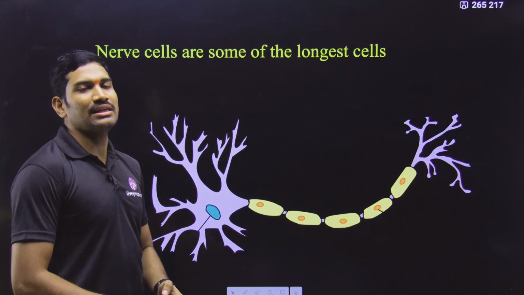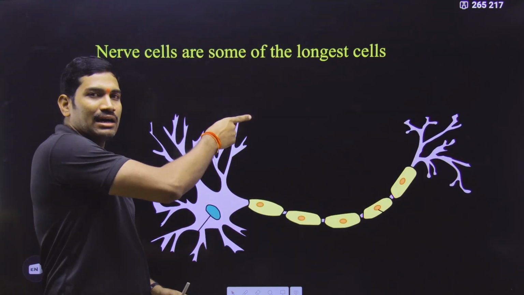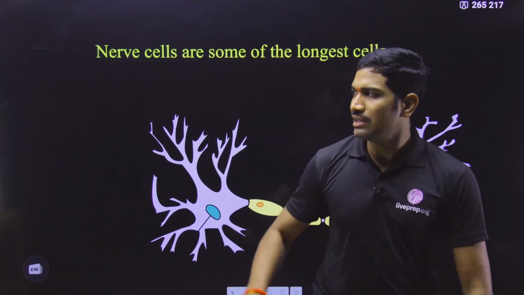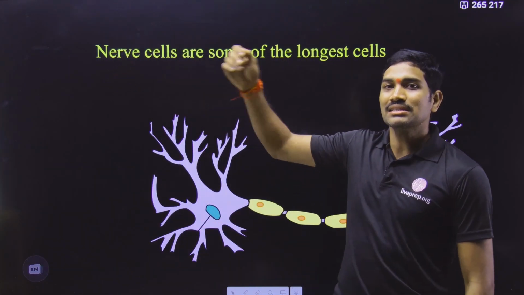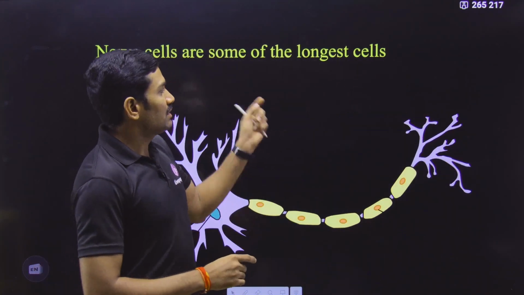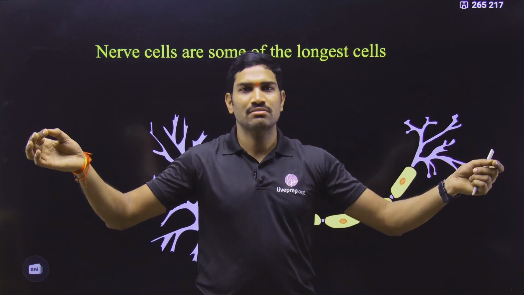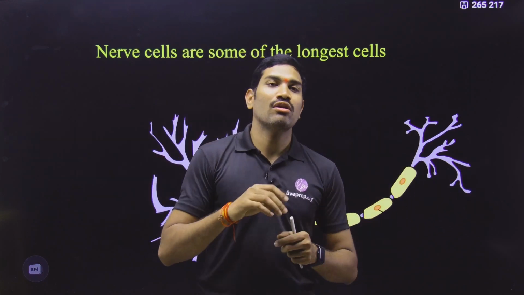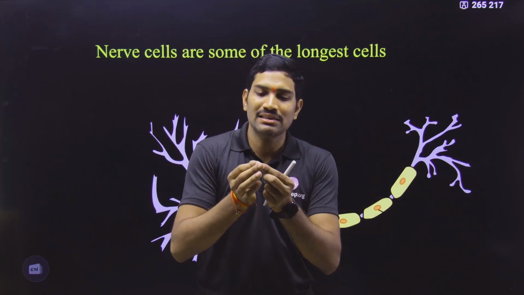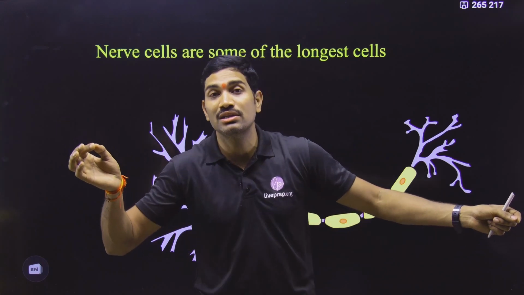And next one, they are saying that nerve cells are some of the longest cells. Read the sentence carefully. Why are they saying some of the longest cells? Nerve cells are also long cells, but in the case of plants, there are some plant fibers whose single cell itself has huge length.